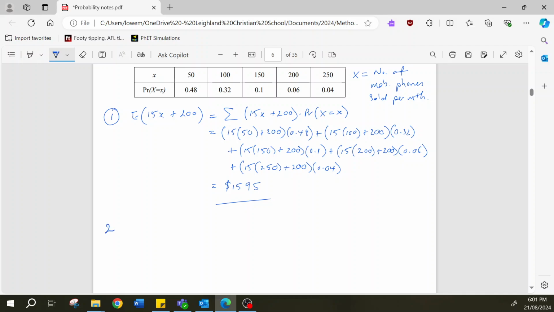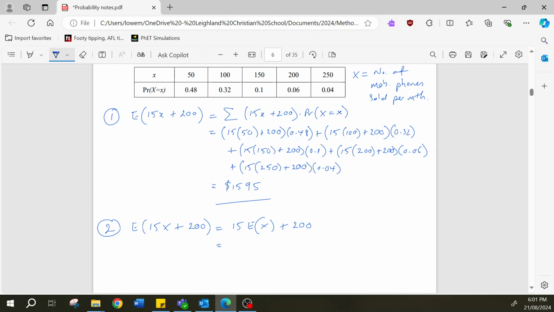Okay, but the other possible way we could look at it is that the expected value of 15 times x plus 200 will actually also work out to be 15 times E of x plus 200, so that you don't have to individually calculate all of these that way.